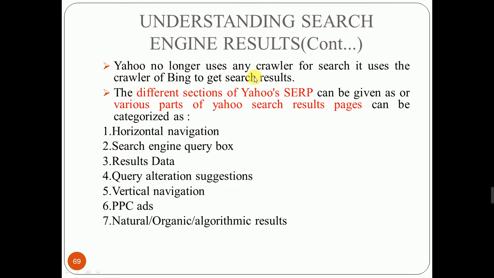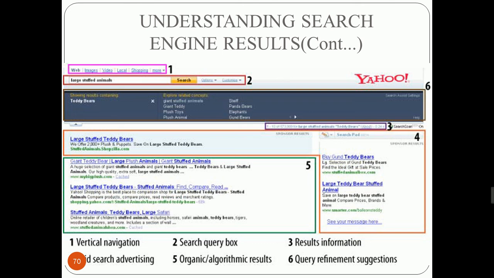So the same sections are available, but the layout of a particular web page is displayed differently as compared to another web search engine result layout. So this is the layout of Yahoo. Previously we have seen vertical navigation, the search query box, result information, advertisement meaning pay per click PPC, organic and natural search, and query refinement suggestion.